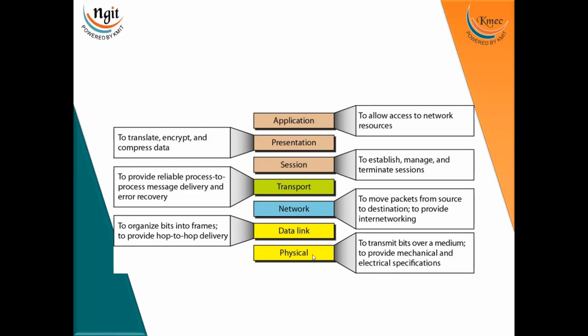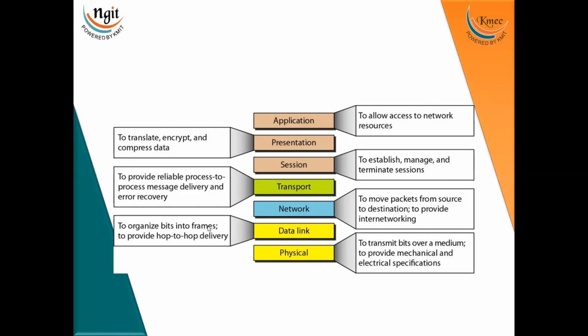What is the physical layer? It transmits bits over a medium and provides mechanical and electrical specifications. The next layer is the data link layer, to organize the data into frames and provide hop-to-hop delivery.